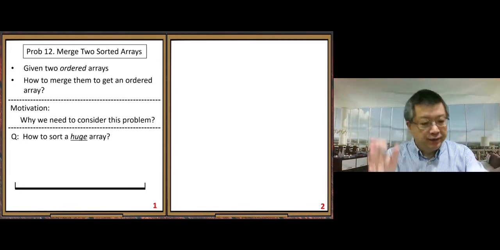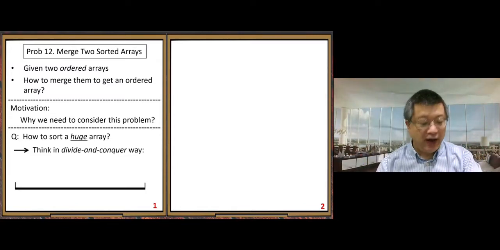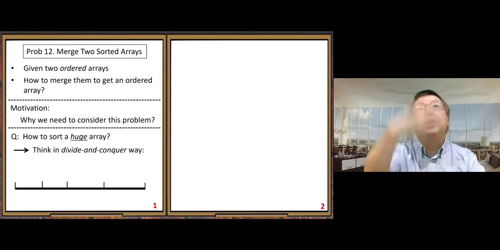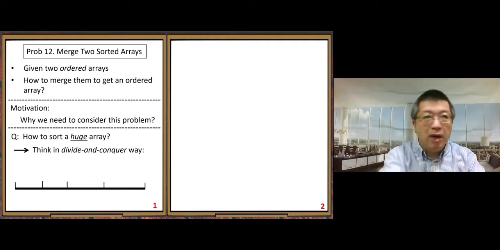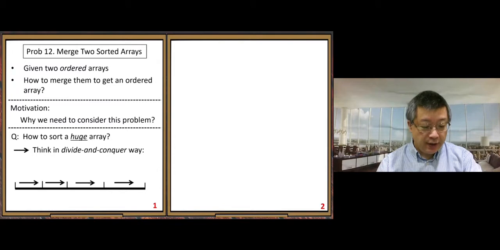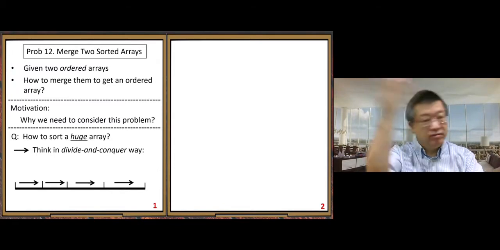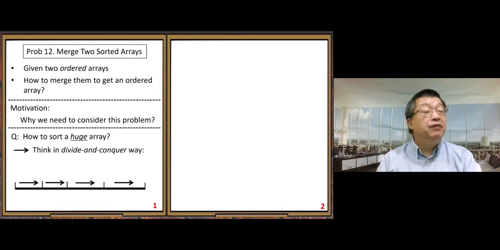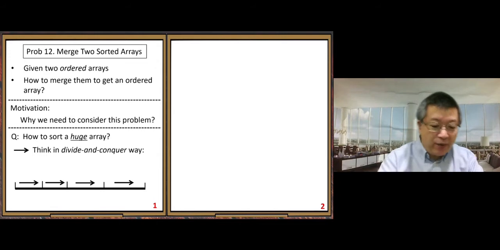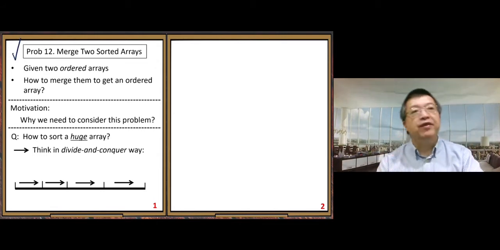One way we can do is divide and conquer, right? We divide this huge array into many pieces. Each piece we can load into the main memory. And after we load it, we can get it sorted, using one of the sorting algorithms. After that, we need the solution of this problem.